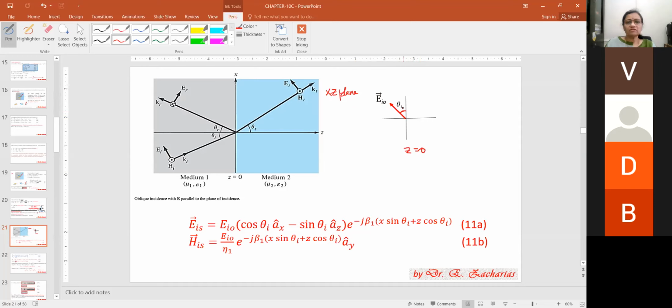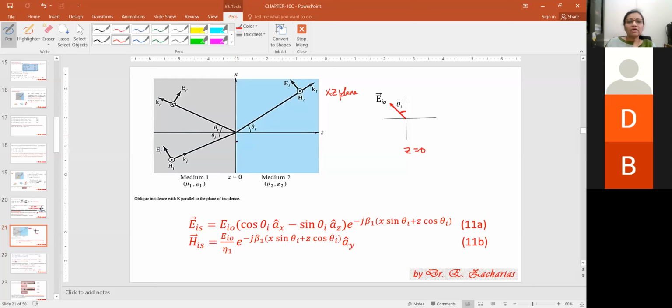K makes an angle theta i with the Z axis. Perpendicular to the Z axis is the X axis. So if you draw a perpendicular to the K vector, this vector also will make an angle theta i. Clear?